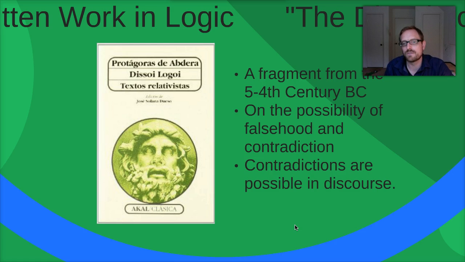What's really important for us is that it's the first written work in which it's clear that someone is arguing that contradictions are possible in discourse, such that if an initiate says, I am an initiate, and then says, I am not an initiate, you can see the second case is a contradictory case. And so it represents the idea that we can talk about contradictions in language versus contradictions in reality.